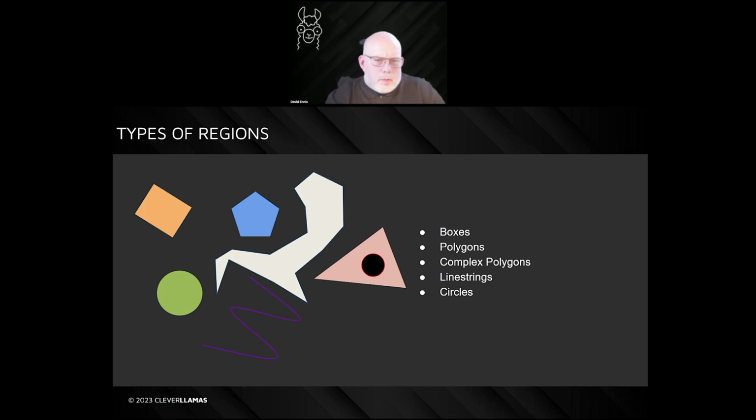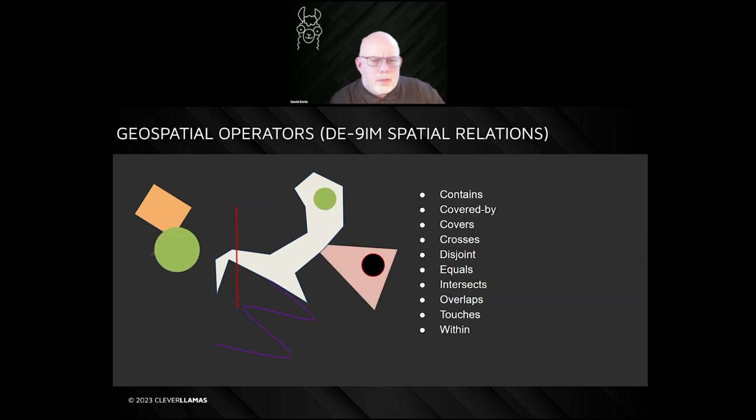So within MarkLogic, on the geospatial side of things, you have lots of different types of geospatial regions that you can actually use for geospatial queries: boxes, polygons, complex polygons, line strings, circles, all the standard set that you would expect for some sort of mapping solutions, GIS solutions.